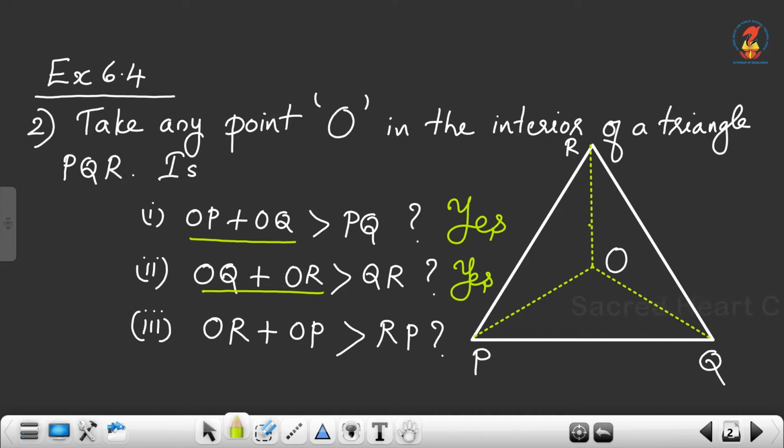Now next one, OR plus OP. OR this side and OP. OR plus OP is greater than RP. So we have to consider the triangle OPR. Consider triangle OPR. So if you consider this triangle, you can see that sum of any two sides of a triangle is greater than the third side.